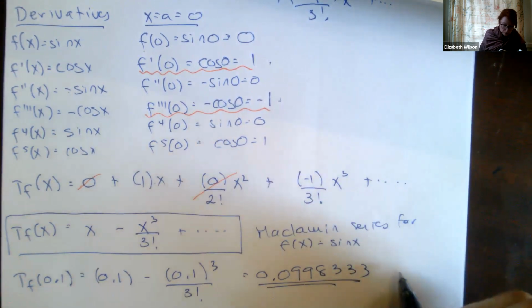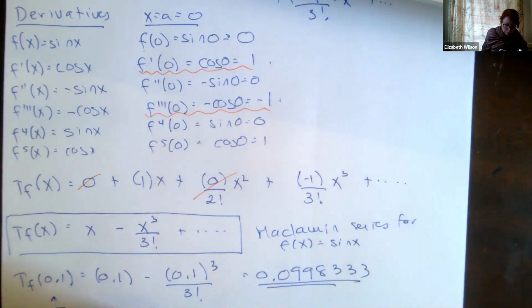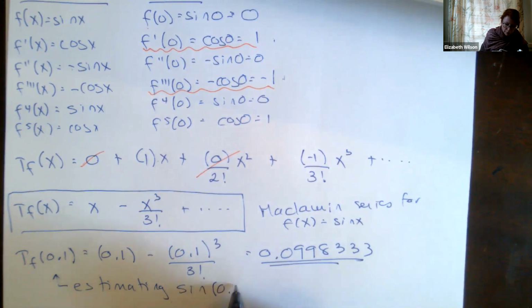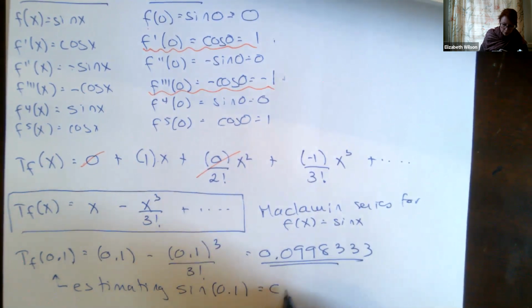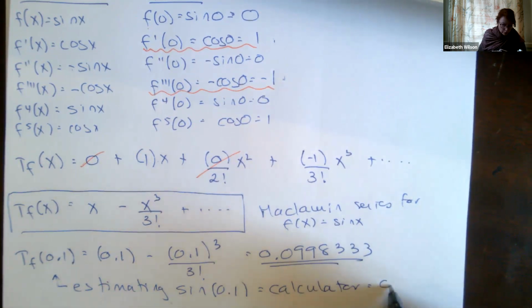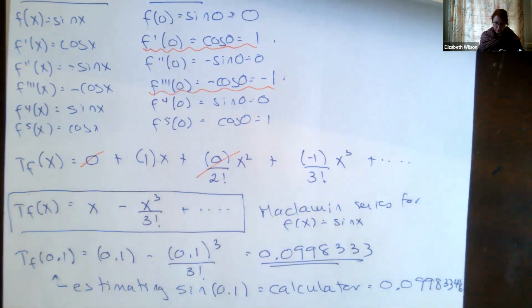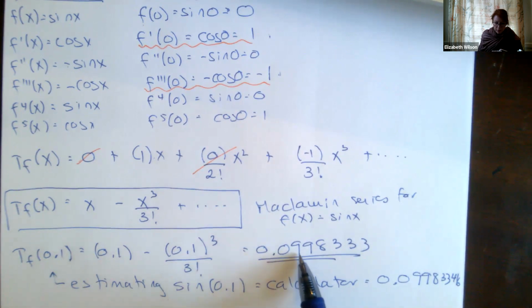This is estimating sine of 0.1, which when I did it on my calculator, I got 0.0998334. Sorry, I'm running out of space, 6. So 0.0998333, and then it bombs out here, we have an error here, right? That's where we start to diverge.